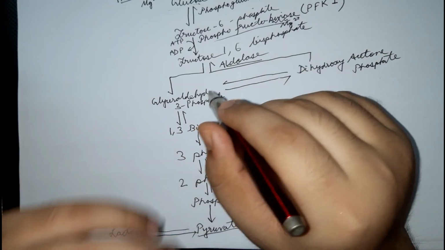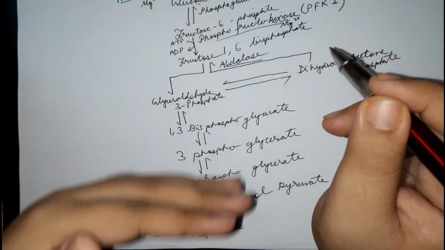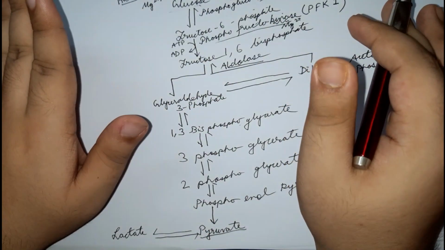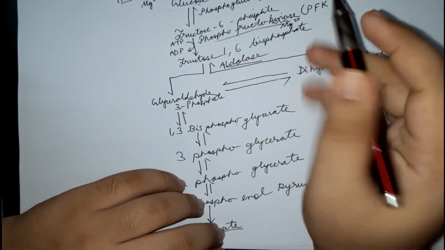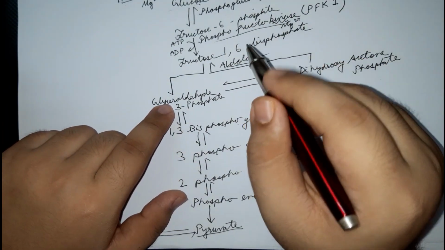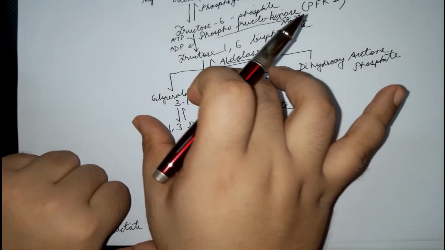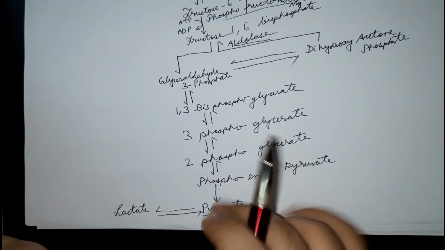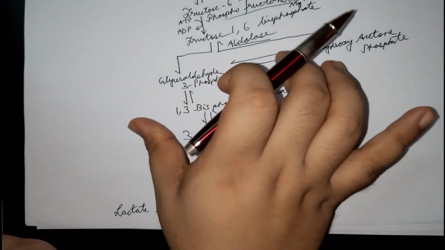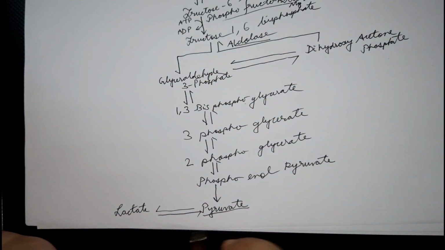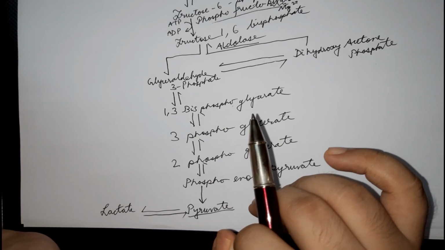So that's aldolase, right? We're only laying down the basic foundation for our next discussion of glycolysis. Then we talk about glyceraldehyde 3-phosphate and dihydroxyacetone phosphate. Now see, all the glycolysis steps from here carry on with glyceraldehyde 3-phosphate as a substrate, not with dihydroxyacetone phosphate.